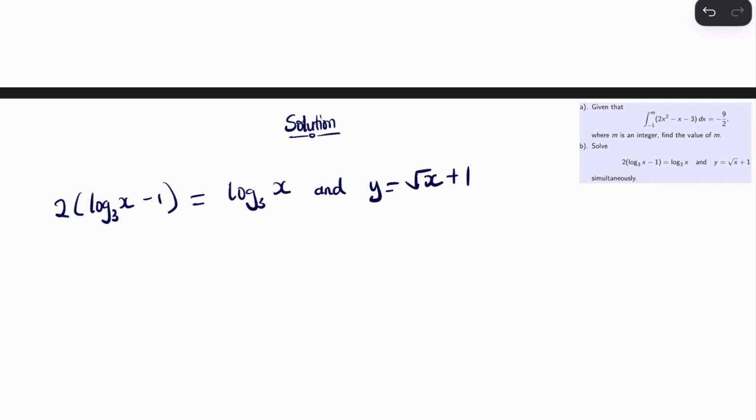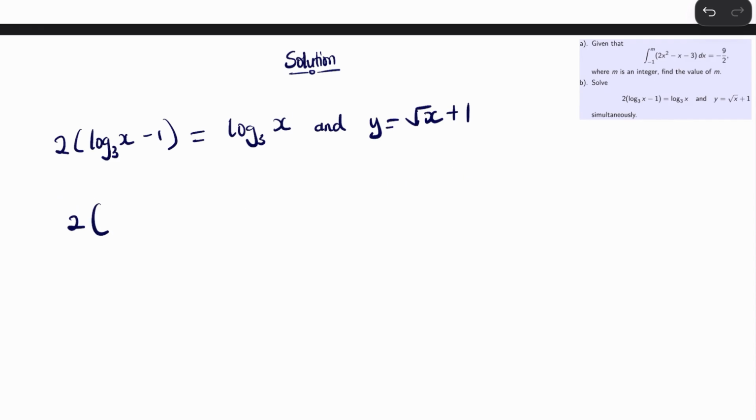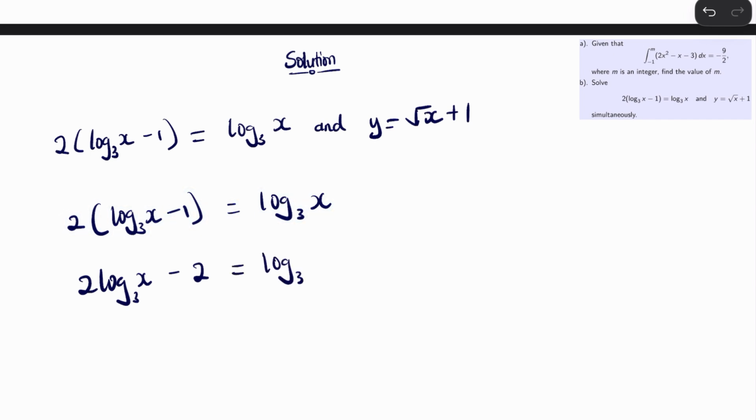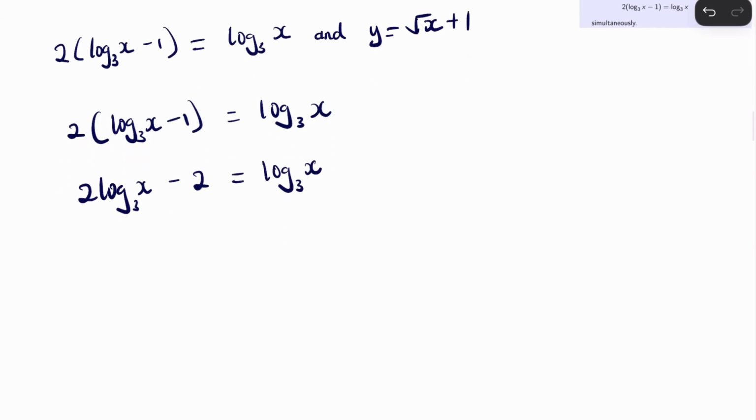Let's take the first one and expand it. We distribute the 2, so that gives us 2 log 3x - 2 = log 3x.